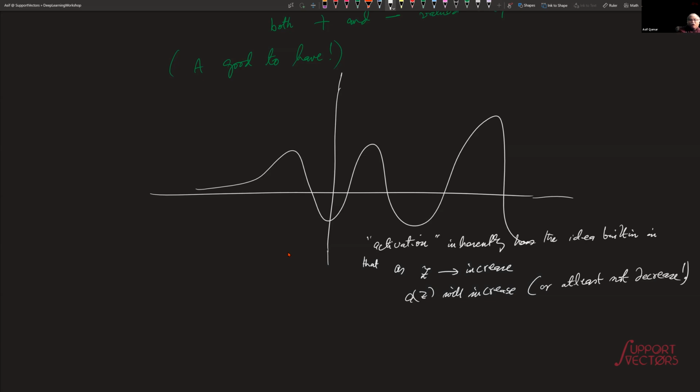So at every point, as you move along the Z-axis, it increases. Therefore, we expect A of Z to be always increasing, or at least not decreasing.